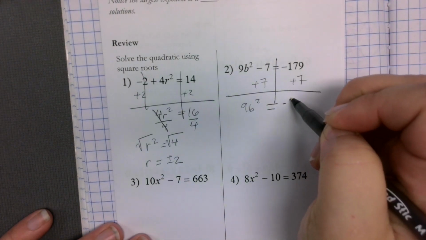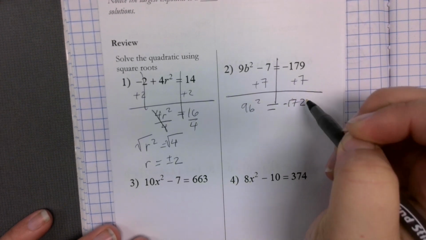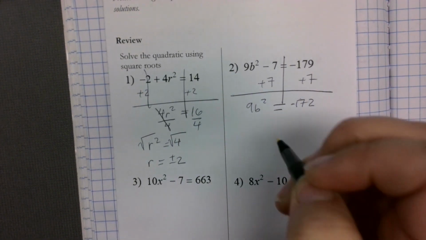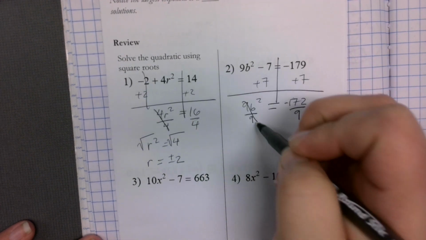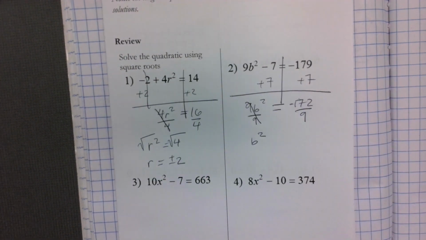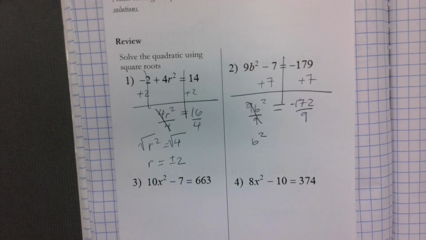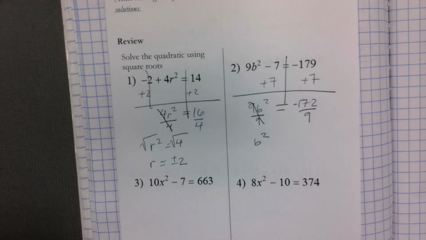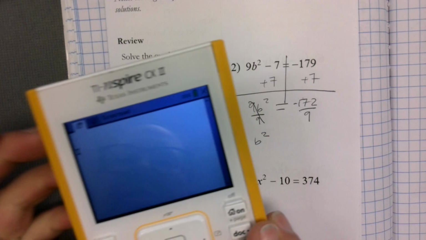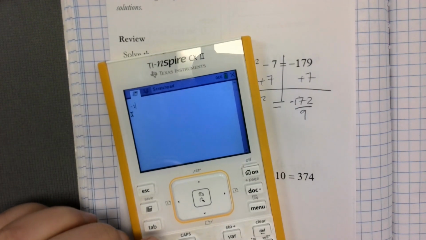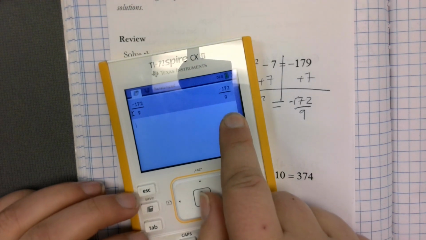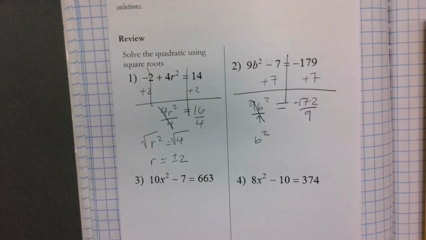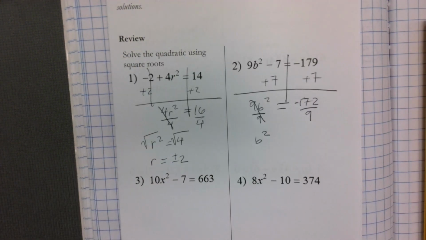Negative 172. I don't expect you to know what this is off the top of your head, so just grab a calculator. Doesn't reduce, so then we do the square root process.